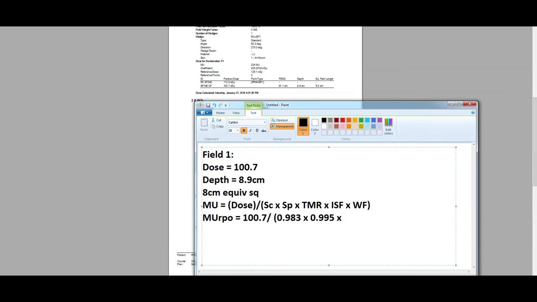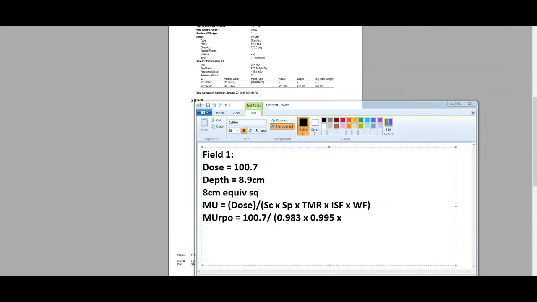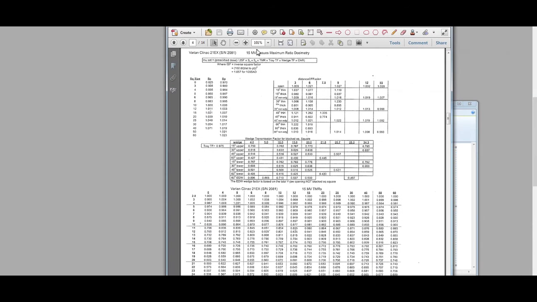My tissue maximum ratio, if I look at 8 centimeters across the top and I go down to a 9 centimeter depth, I'm at 0.896. Inverse square factor is source to calibration distance, which in my case for 15 MV is 102.8.